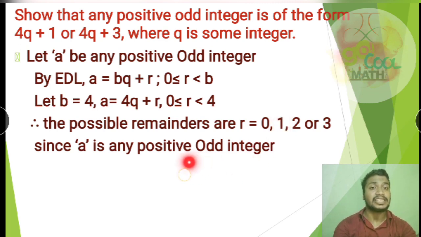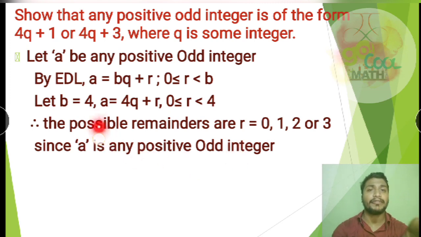Take 7 as another example. If you consider 7 as an odd integer and divide by 4, then you get remainder 3. Similarly, if 9 is divided by 4, then the remainder is 1. And similarly 11 is divided by 4 and the remainder is 3.